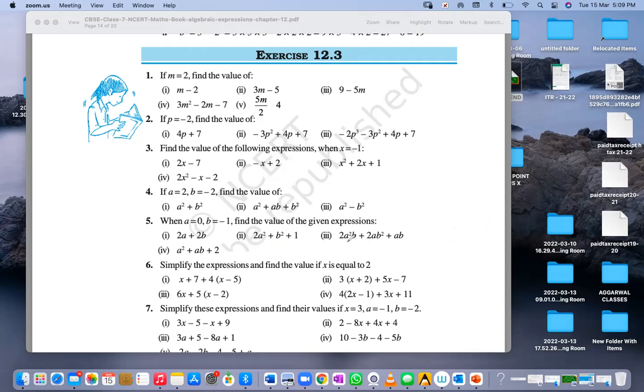Now do this one yourself: 2a square b plus 2b. First tell me how you will write it, and after that solve the expression. 2 times 0 square times -1, all multiplied, plus 2 times 0 times -1 square, plus 0 into -1.